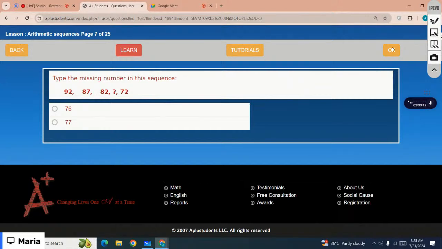Option number 2 is the correct option. The missing number in the sequence is 77.